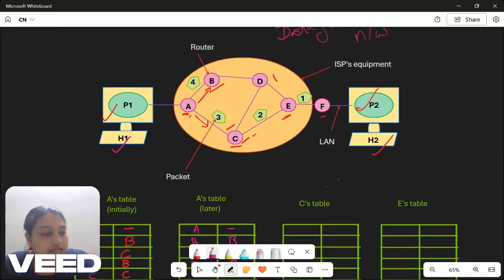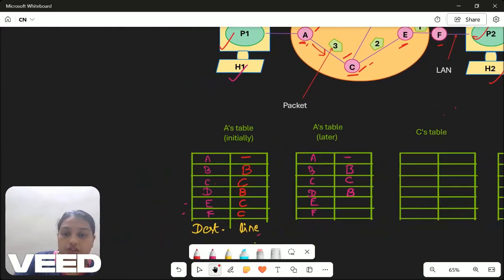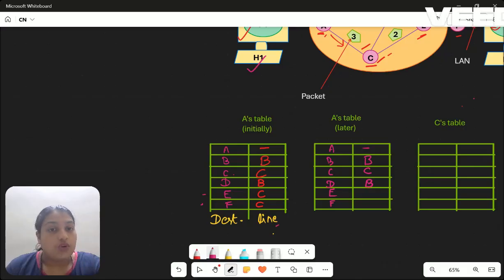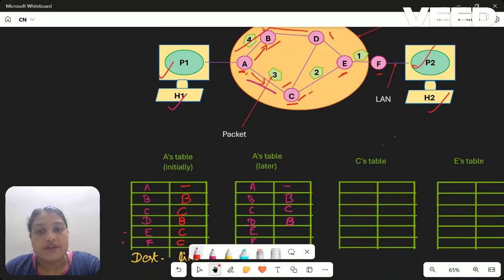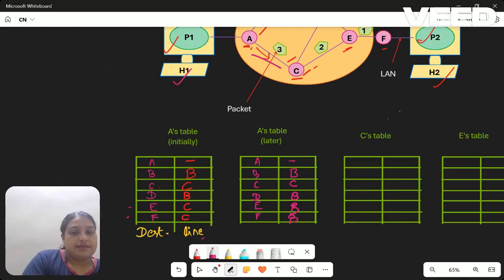Now E. I can come through C or B. So in this case, in A stable initially, I have already come through C. So this path is now in traffic. So what will I do? I will choose another path. So instead of coming like this, I will come like this. So I will take B in this case. So that is B. So F will also have to be B.